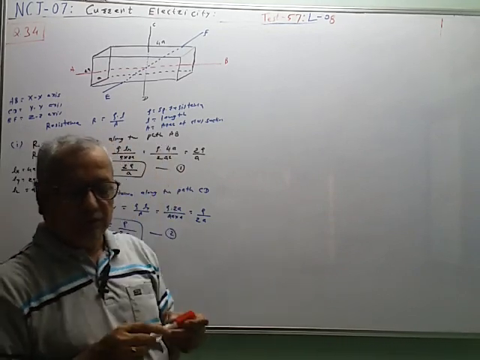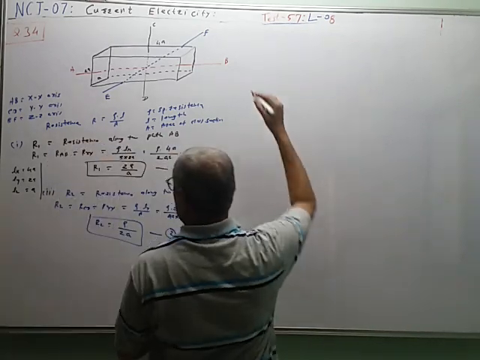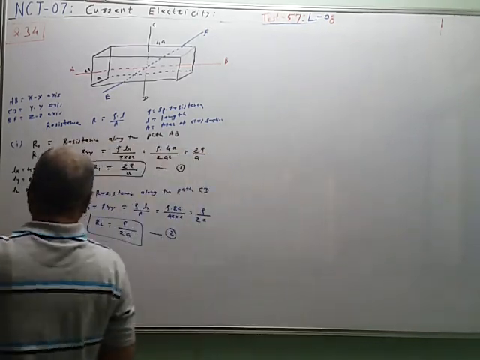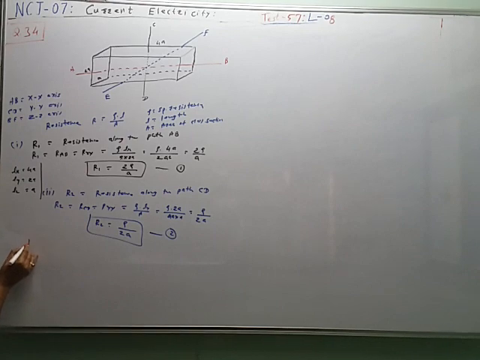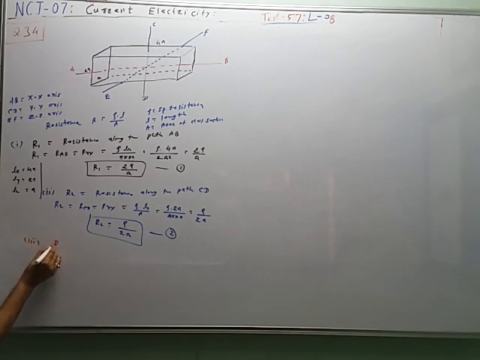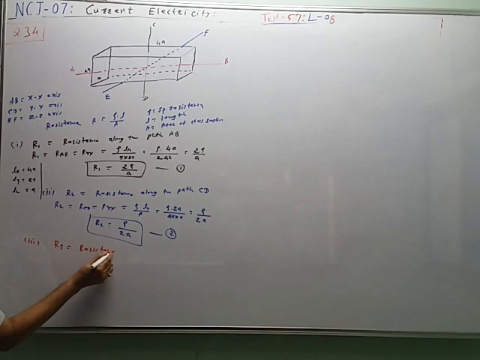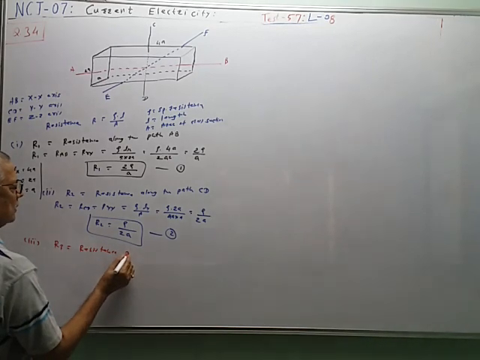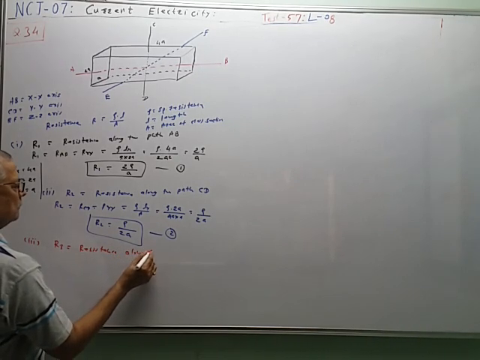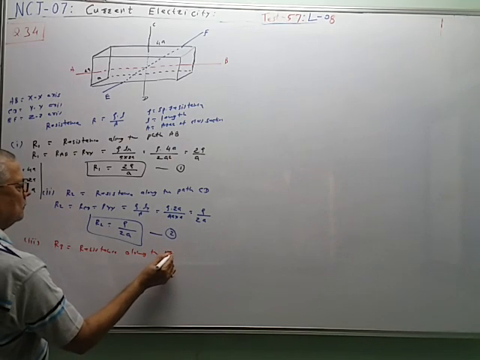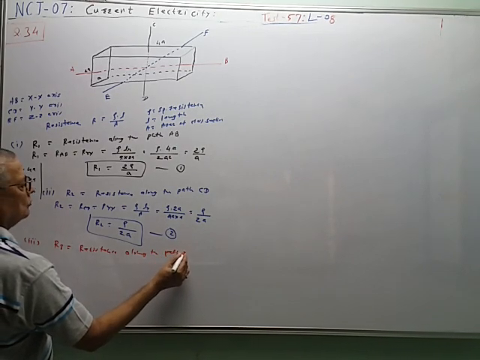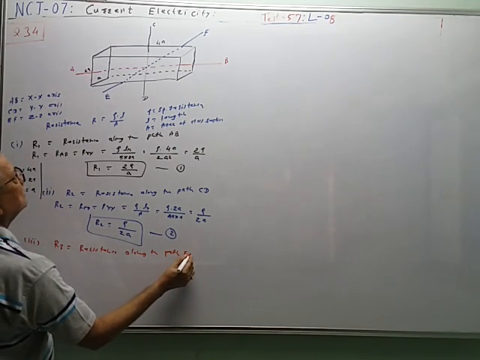Now the third relation is R3. Case number 3. R3 is the resistance along the path EF.